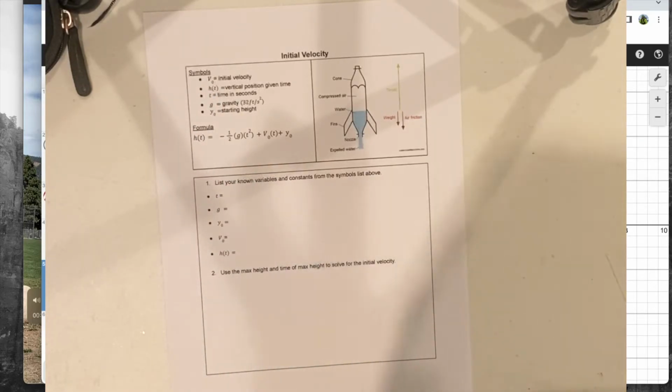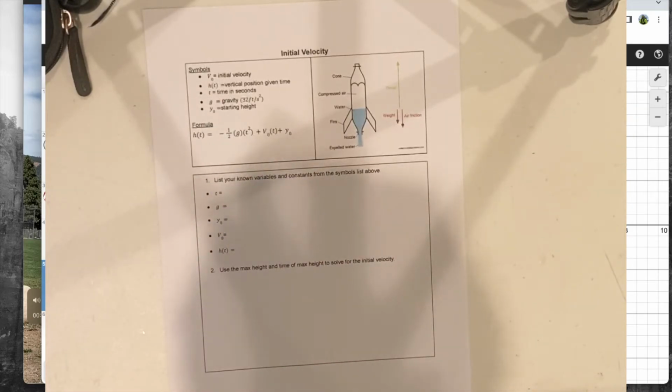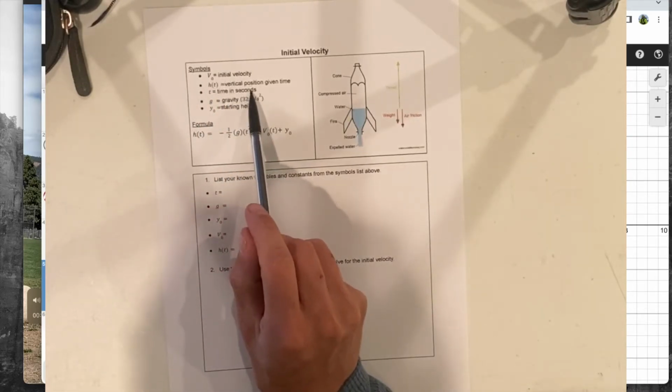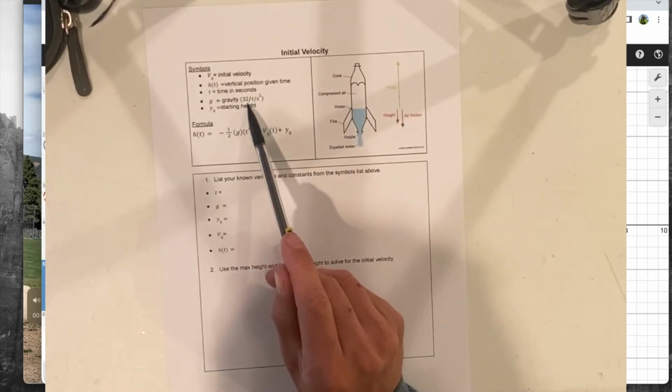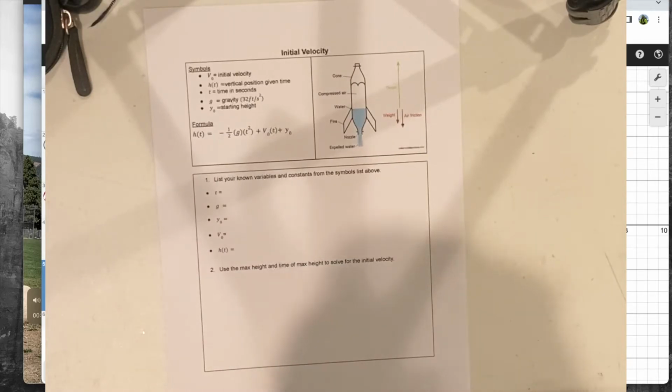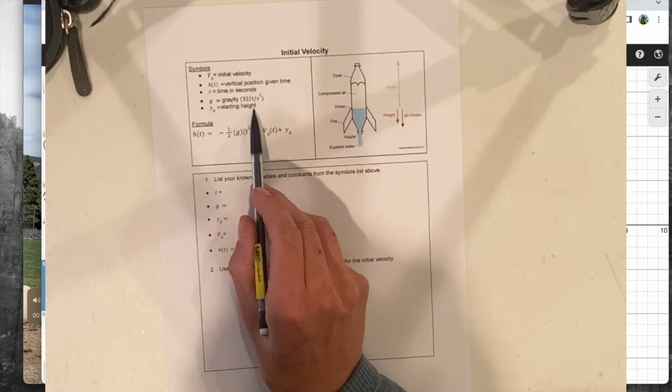H of t is going to be the function that represents the vertical position given time. And then t is time in seconds. And then g, that's what we're calling gravity, is going to be 32 feet per second squared. And then this y naught is going to be our starting height of the launcher.